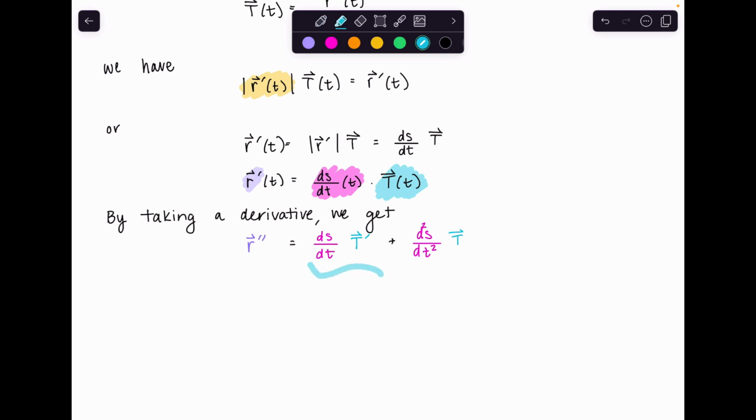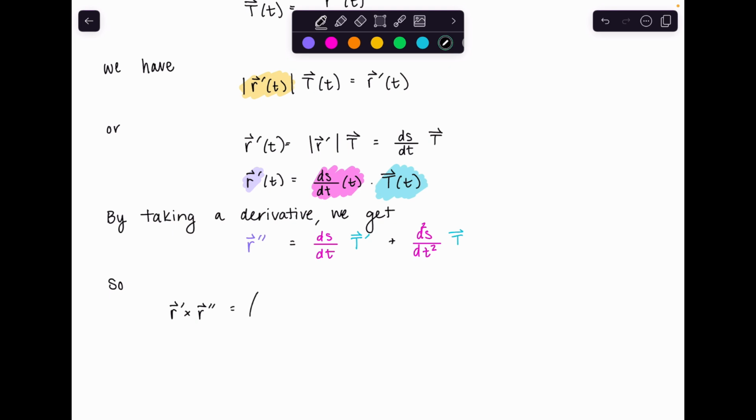This product over here is going to be a vector function, but these right out front are scalar functions. So I'm going to take this vector and cross product it with this vector, because my whole goal is to come up with the magnitude of T prime in a different manner. So ultimately, I do r prime cross r double prime.